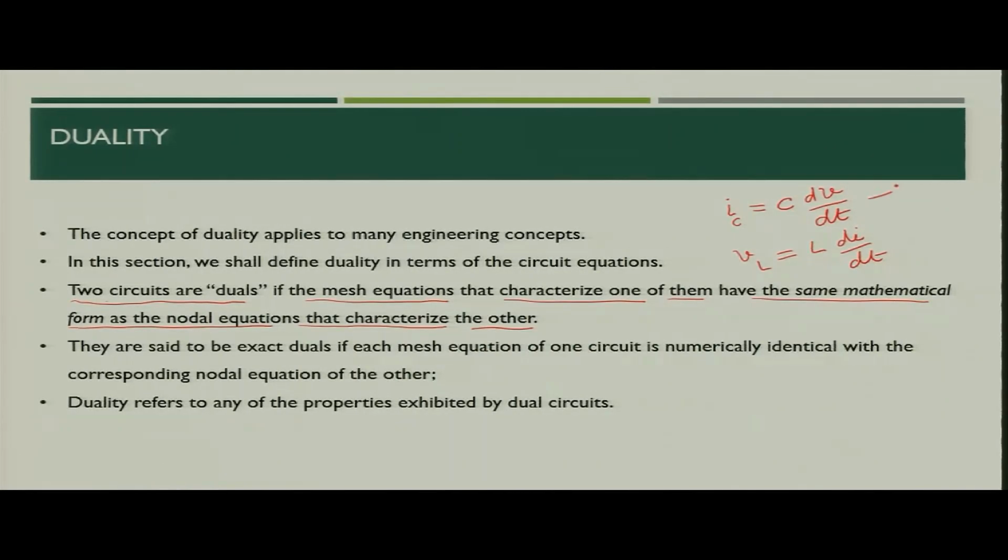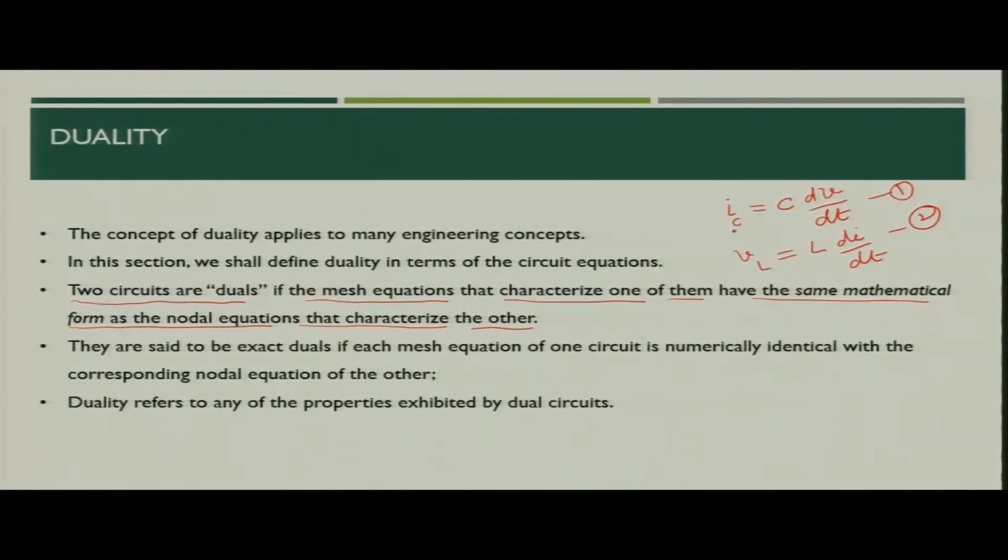If you see these two equations, both look similar in mathematical terms, because both have one term before the derivative, that is d by dt of V and d by dt of current I. So, from a mathematical point of view, these two have the same mathematical form, that is why these are dual.